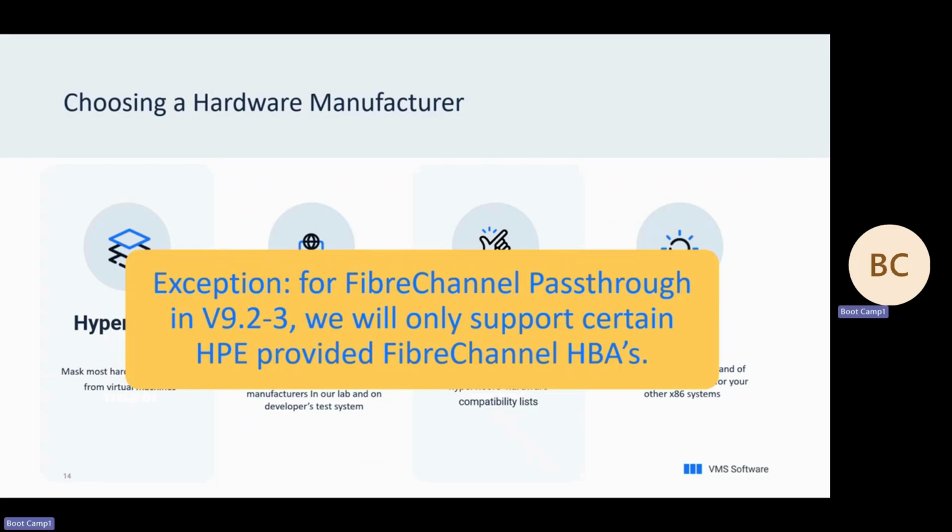And that means all of a sudden we care about what that hardware is. Our Fiber Channel driver was created for HPE branded QLogic HBAs. So those are the only HBAs that we support for Fiber Channel with version 9.2-3.